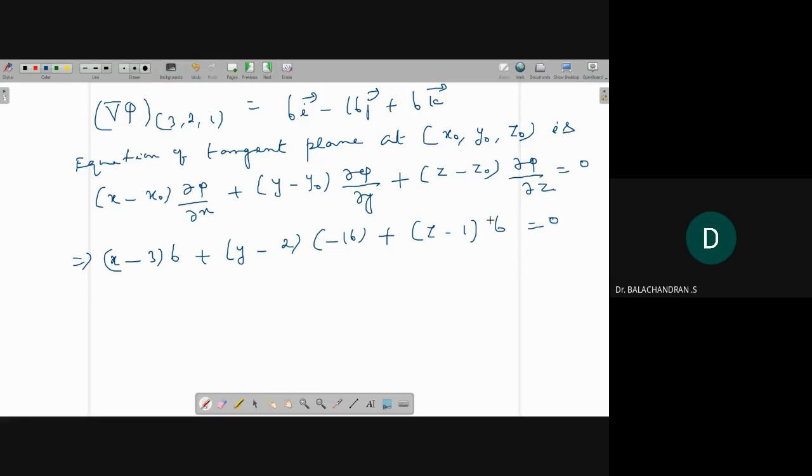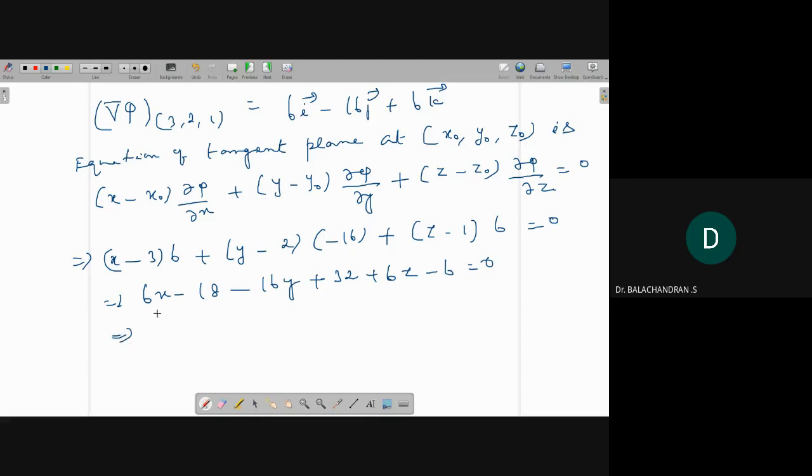If you simplify, you'll get 6x minus 18 minus 16y plus 32 plus 6z minus 6 equal to 0.